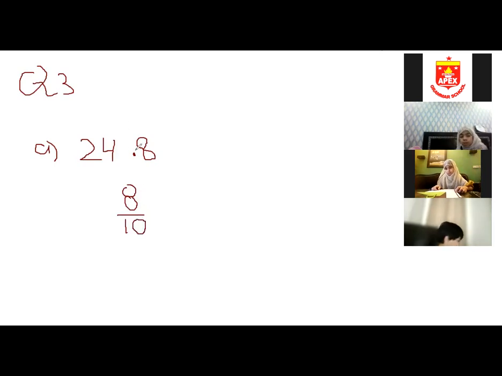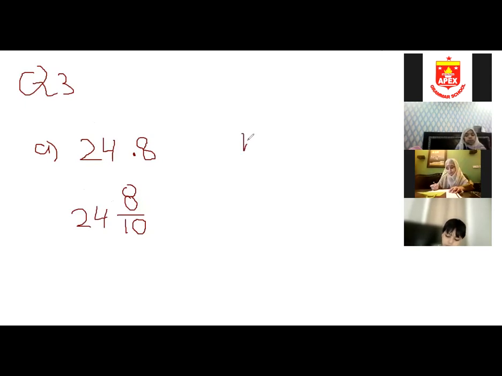As I told you, after the point, the value is in the tenths place. So we know that our 0.8 is 8 by 10, and this 24 is a mixed number. So I'm going to write here like this.